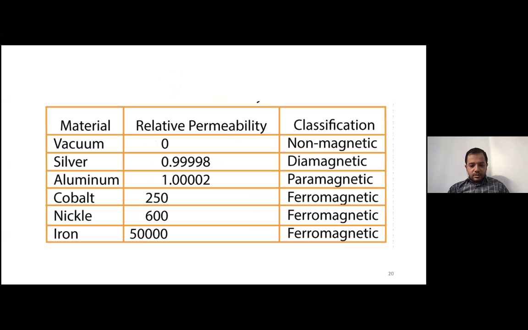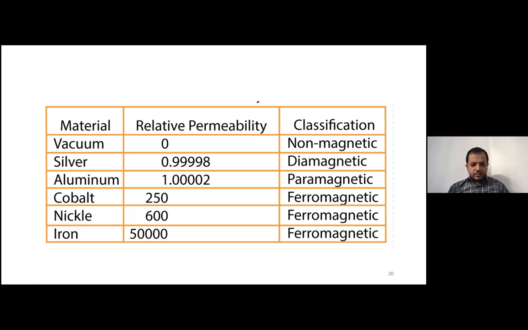And you see here a table of relative permeability numbers associated with some of the materials, such as vacuum, which is a non-magnet, and the permeability is 0. Then you have a diamagnetic like silver, which is around 1.